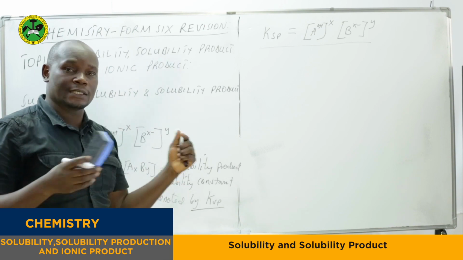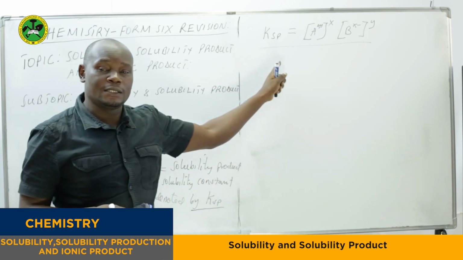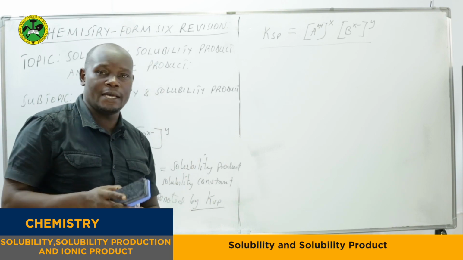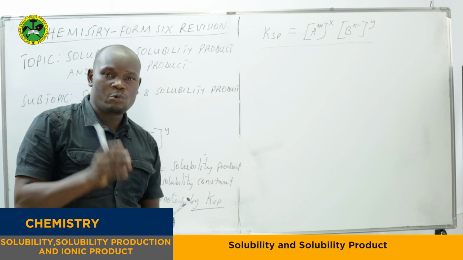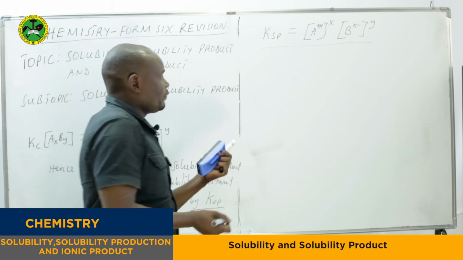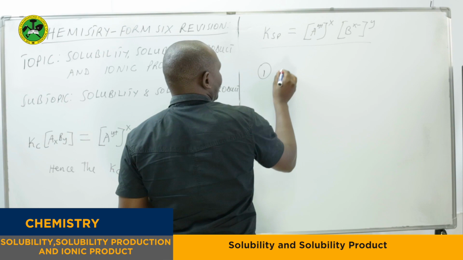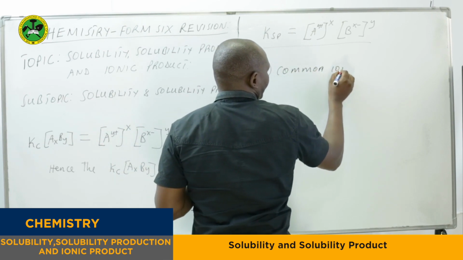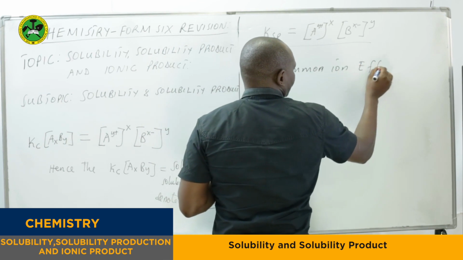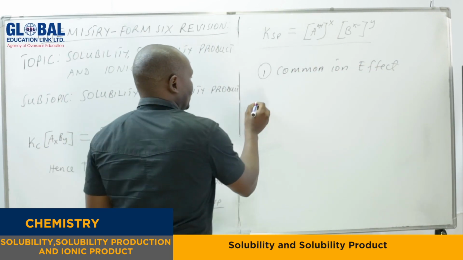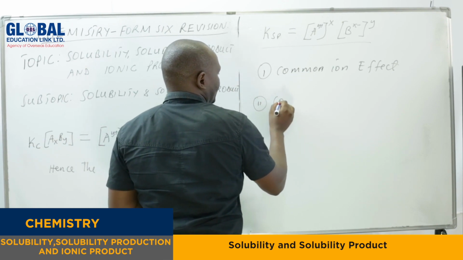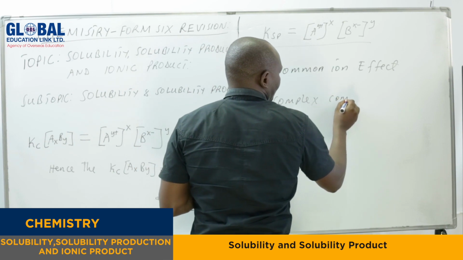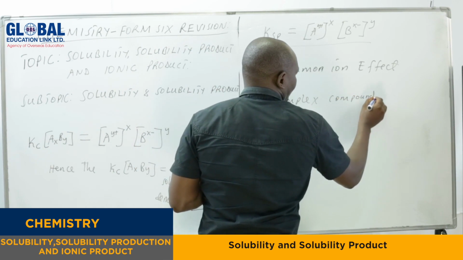Now we have different factors that affect the solubility constant or solubility of a substance. In our discussion for today, we'll only consider two main factors. And these factors are the common ion effect and the complex compound formation.